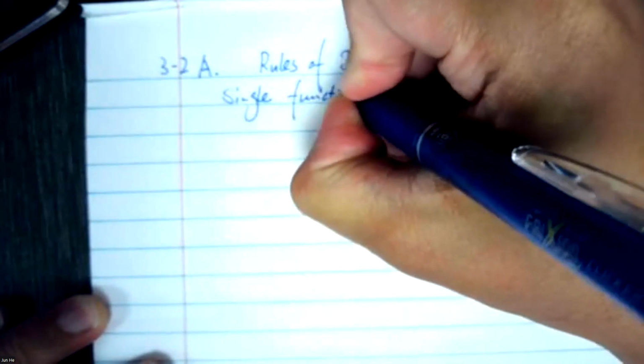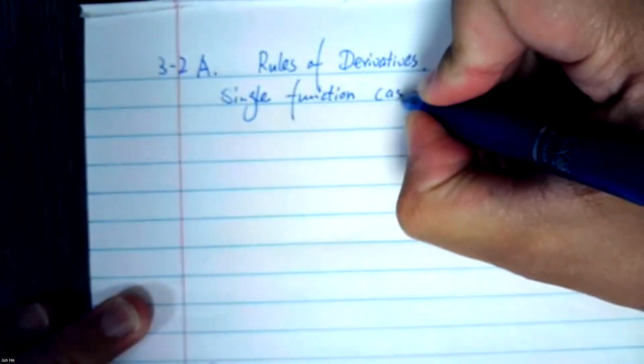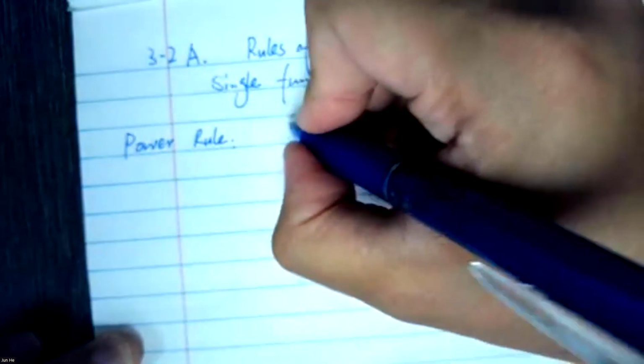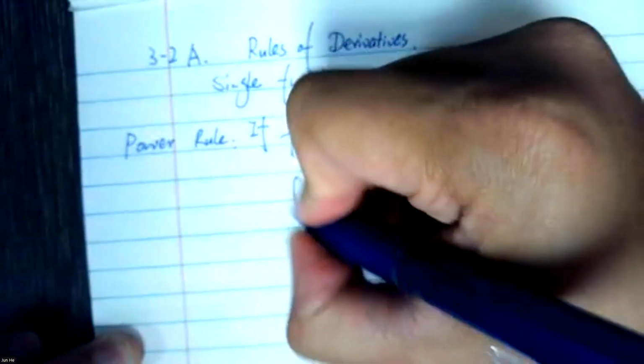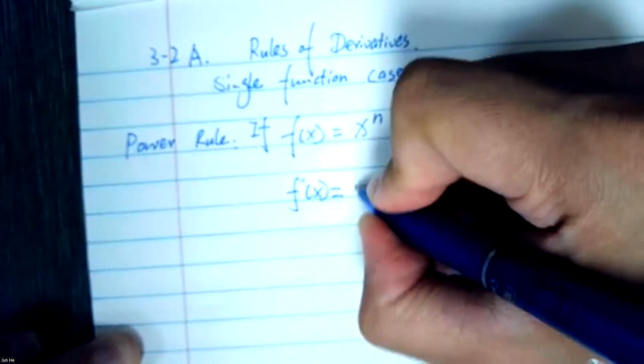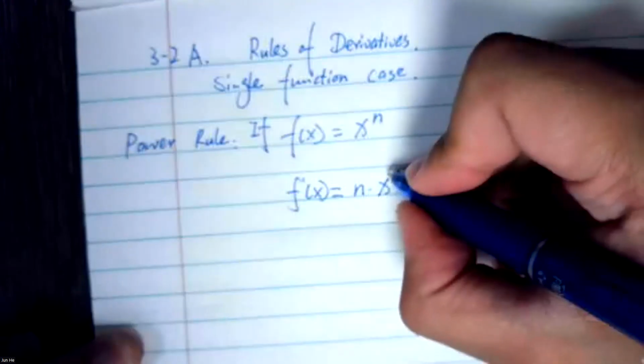Okay, so here, this is the single function case. Namely, there is only one function. Okay, let's do the most fundamental power rule, which is, if f(x) equals x to the power of n, then f prime x equals n times x to the power of n minus 1.